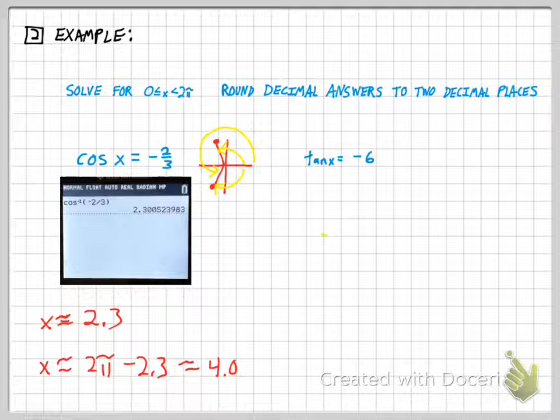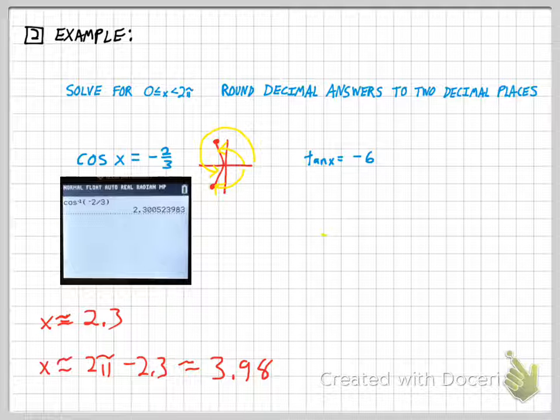Oh, just realizing that it asks us to do 2 decimal places, so I should actually keep the second decimal place there. And I end up with something a little different here. It actually ends up being 3.98 for my answer. Okay, let's do one more.